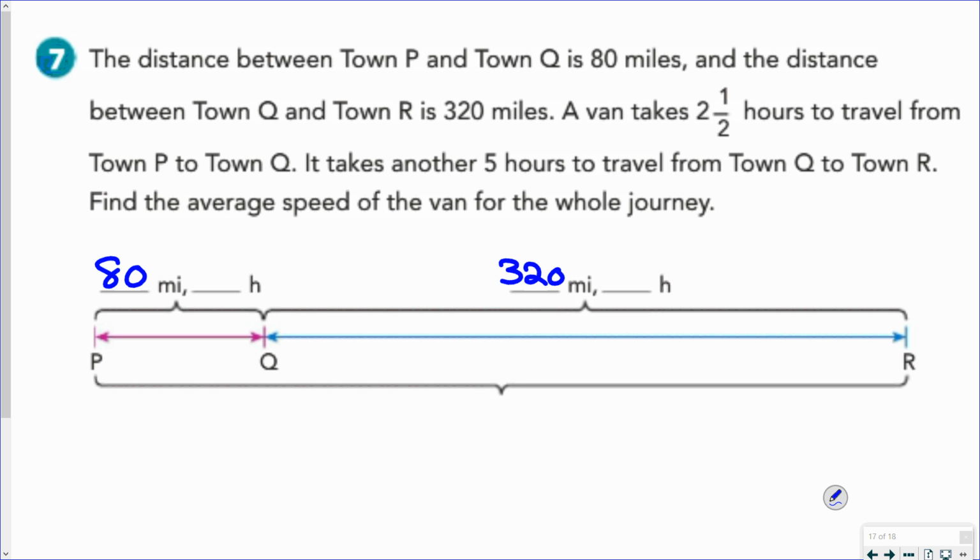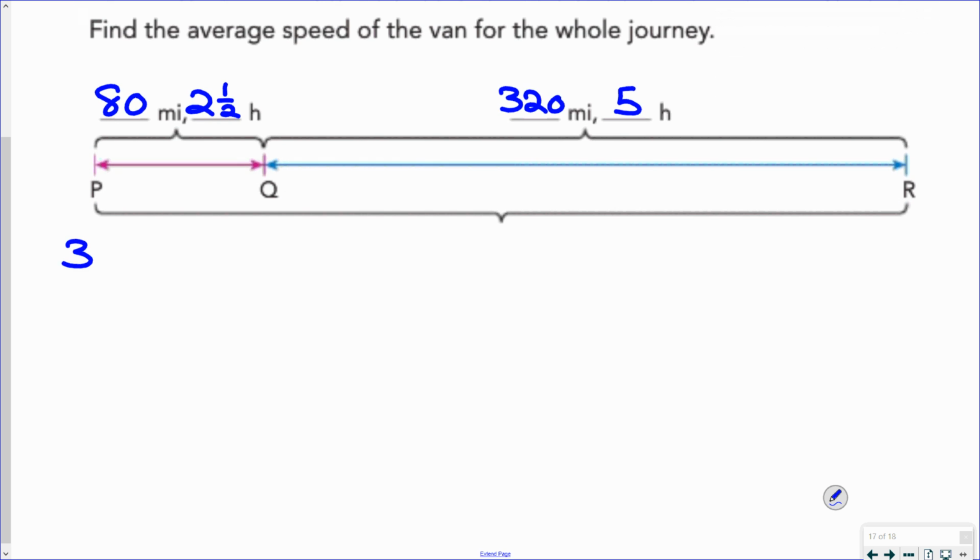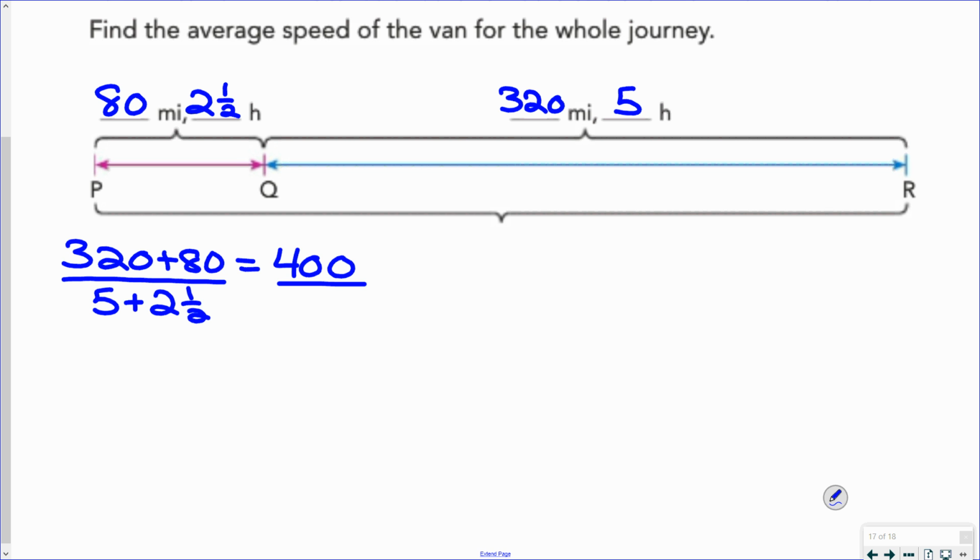The van takes 2.5 hours to travel from P to Q. And it takes 5 hours to travel from Q to R. So if we want our total distance, we would take 320 plus 80 to get 400. Our total time would be 5 plus 2.5, which would give us 7.5.